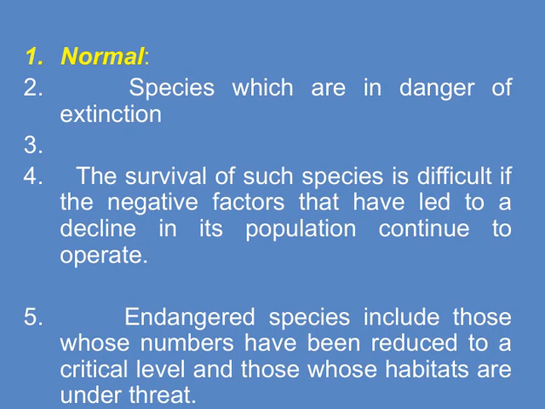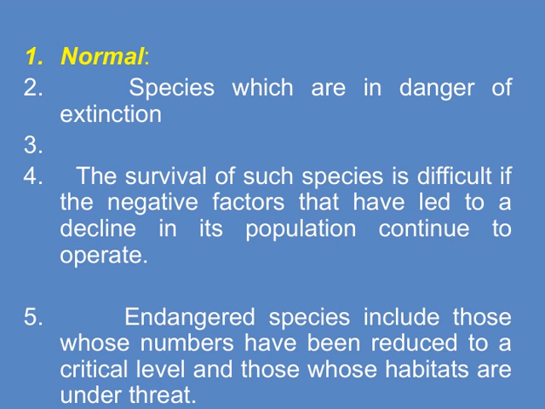Now, let's talk about species that are in danger of extinction. The survival of these species is really challenging if the negative factors that cause their decline keep going. These factors might include habitat destruction, pollution, hunting, or climate change. Endangered species are those whose populations have dropped to a critical level, making recovery difficult without intervention.